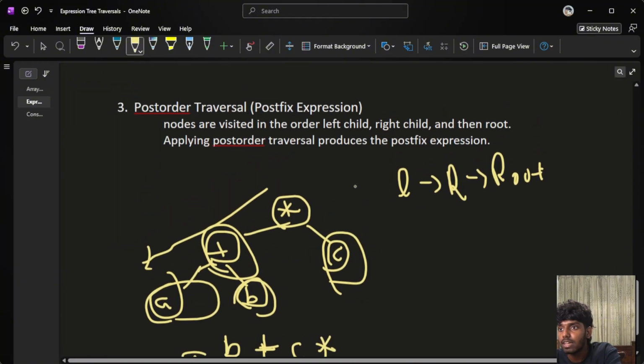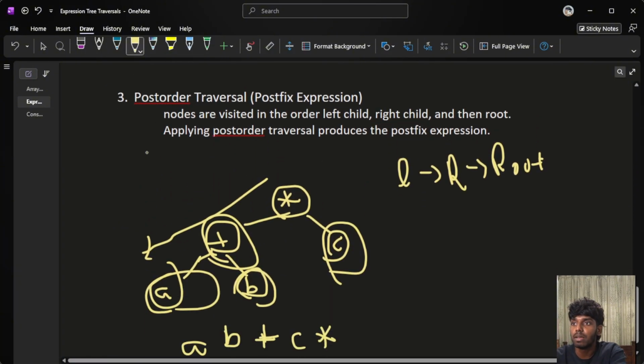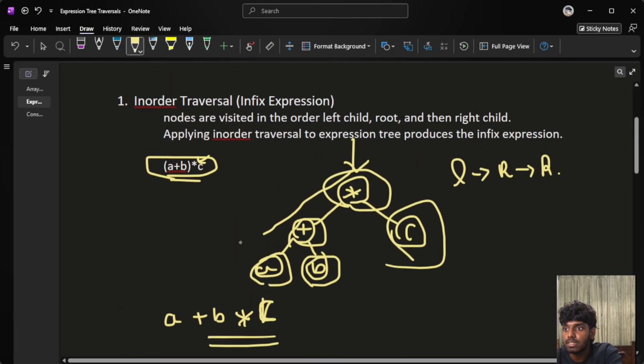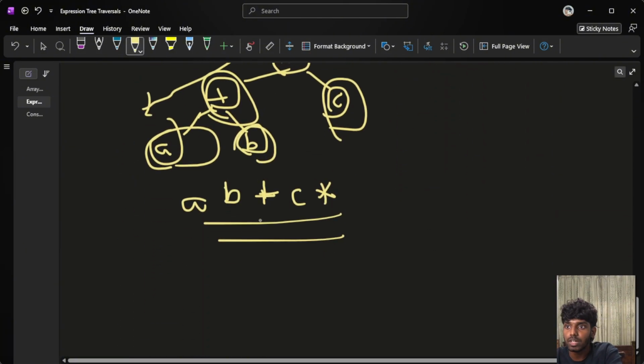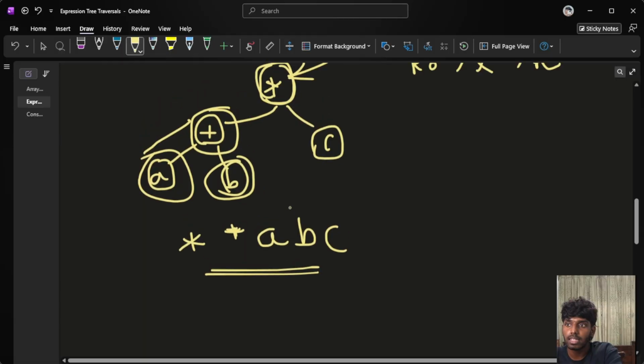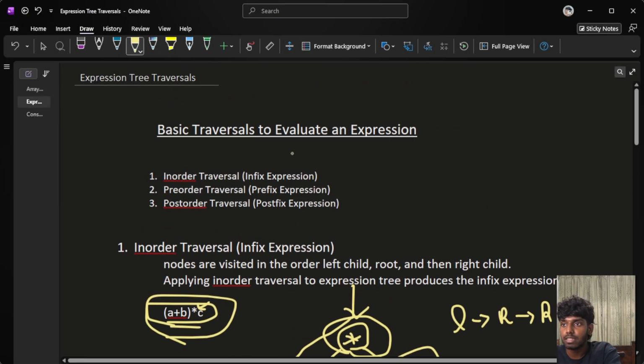So this is the answer that we obtain after applying the post-order traversal to this expression. So as you can see, those are the three traversal methods that we can apply to an expression.